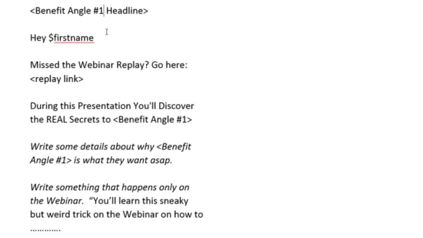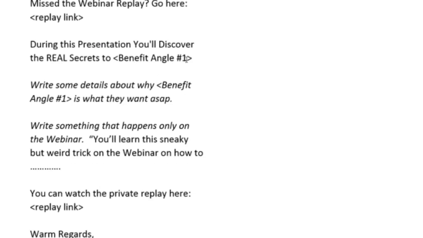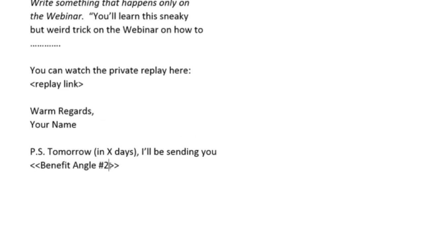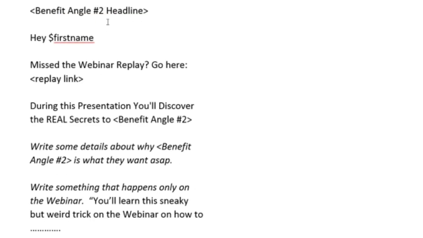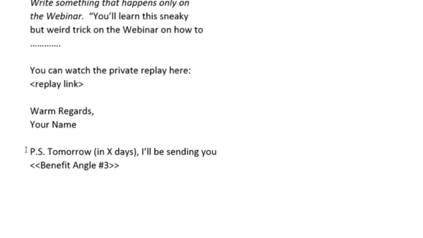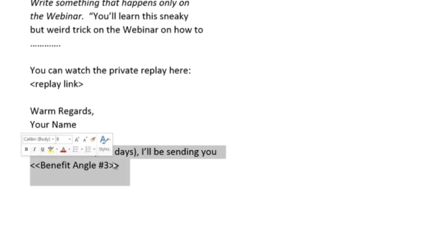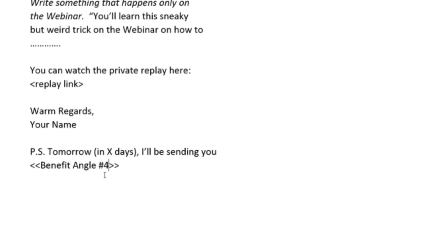If you're done with number 1, number 2 is just the same, and then we just replace it with number 2. If this is number 2, then obviously we change this, bump it up by one, to number 3. And if this is number 3, then the PS, or sneak peek preview, would be plus one, number 4.